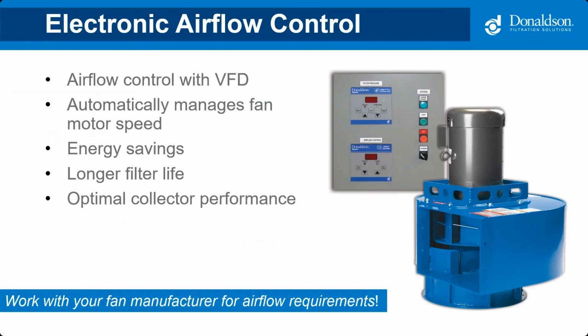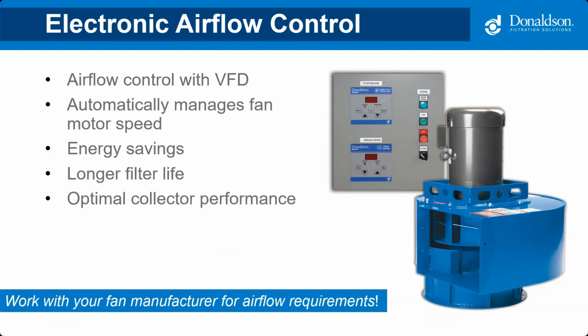Walking through an electronic airflow control with a VFD, or variable frequency drive, essentially what this does is it automates the fan motor speed so that the fan is used only as much or as little as needed for optimal performance. For example, when the filters are getting towards the end of their useful life, the VFD would then speed up the fan to overcome the additional static pressure so the system is still performing at designed airflow.